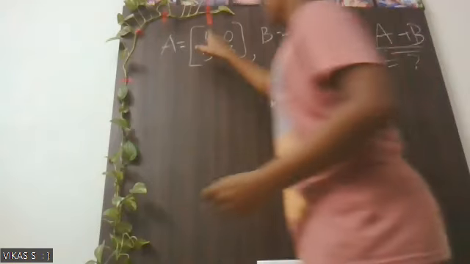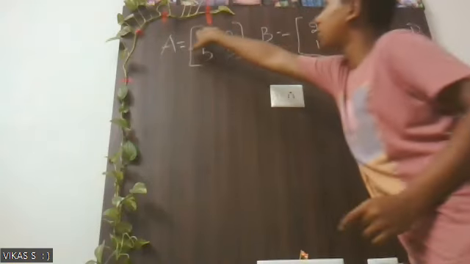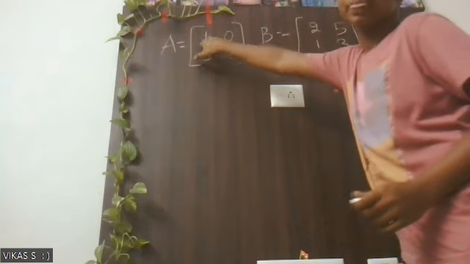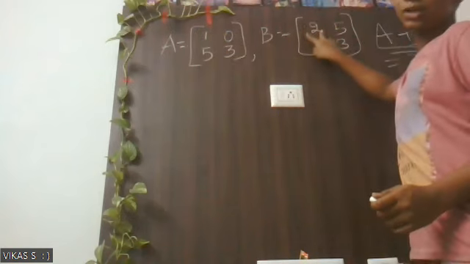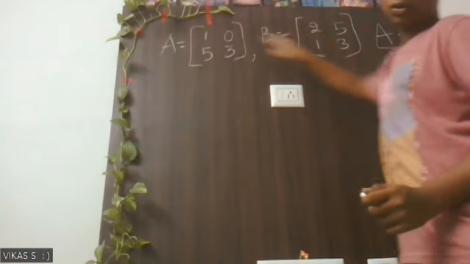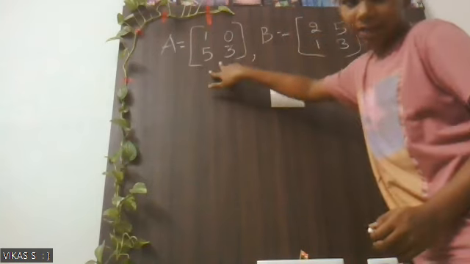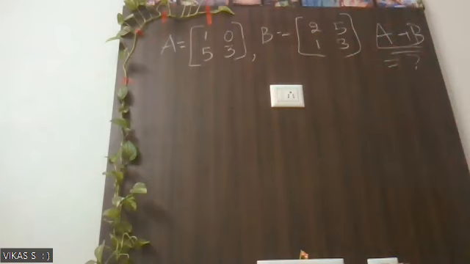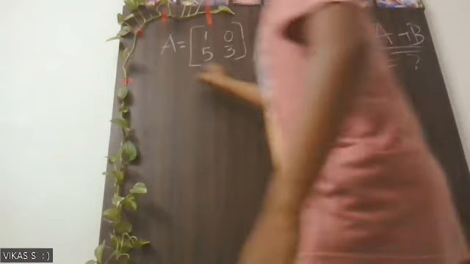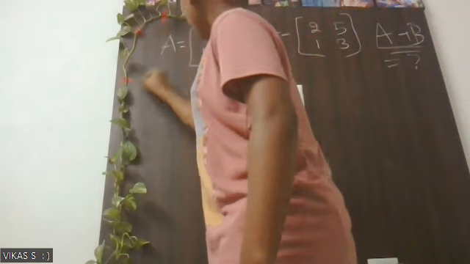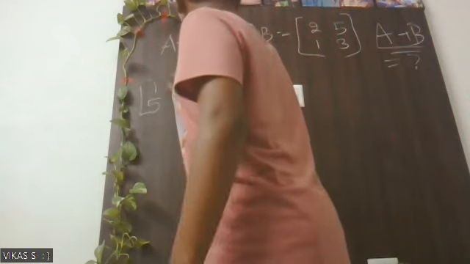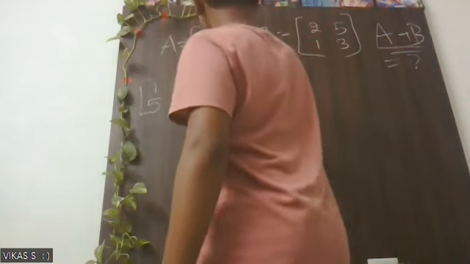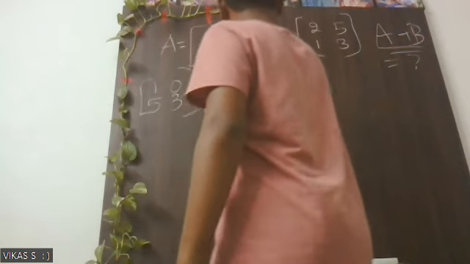So in this addition or subtraction method, the first row, first column, 1 plus 2, 0 plus 5, 5 plus 1, 3 plus 3. It goes like that. So first of all, we'll write it in a proper way. 1503 plus 153.